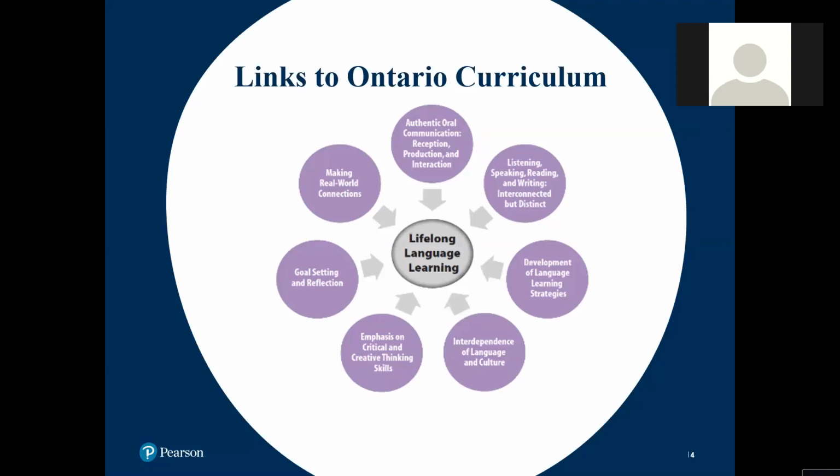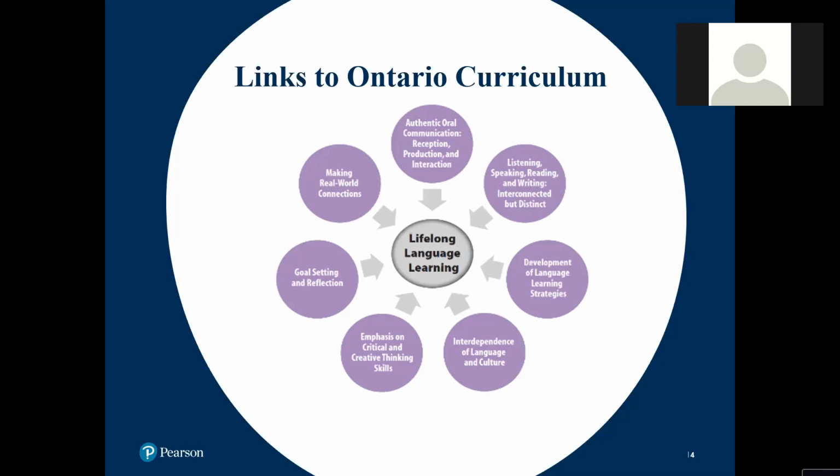So this is a chart that was taken from the revised FSL Ontario curriculum document, and evidence of all of these things can be found clearly embedded in your teaching notes. Certainly all of this leads up to creating a lifelong language learner. We've certainly included authentic oral communication. We touch on all the strands: listening, speaking, reading, and writing. We have development of language learning strategies.